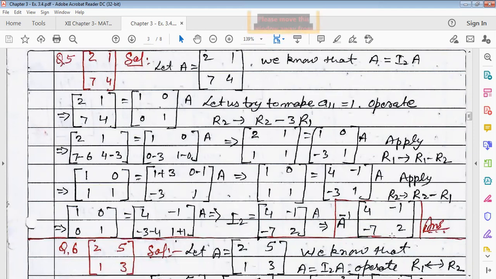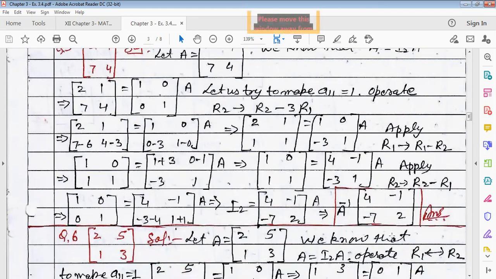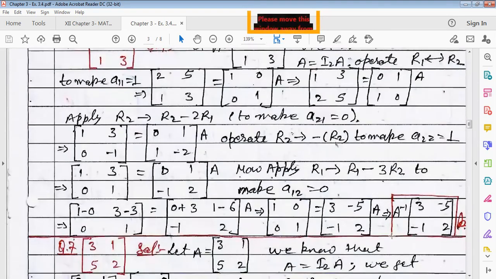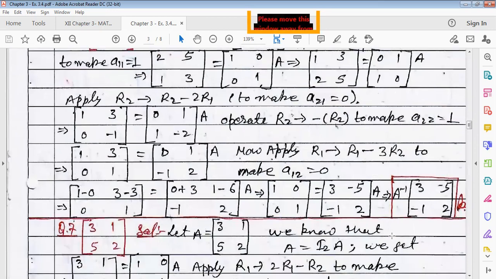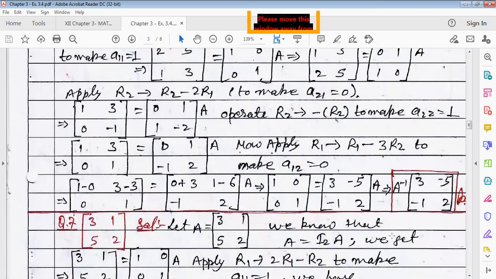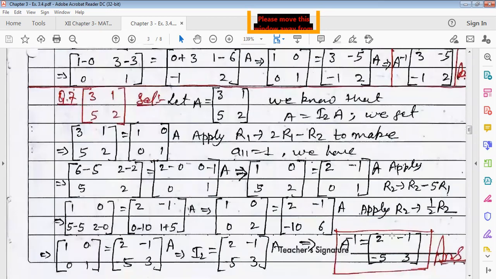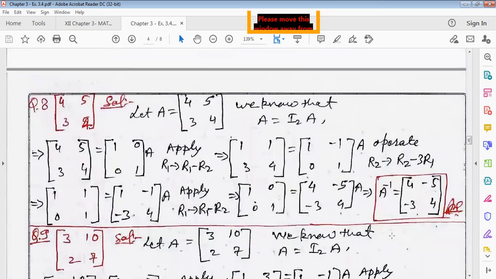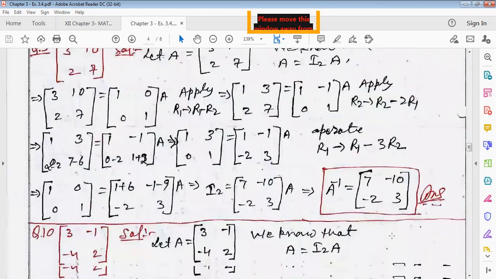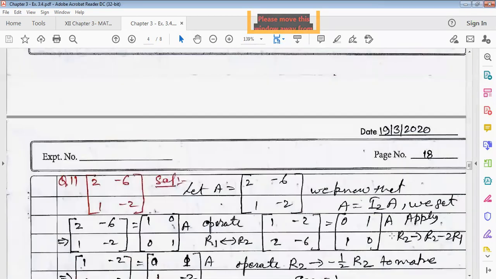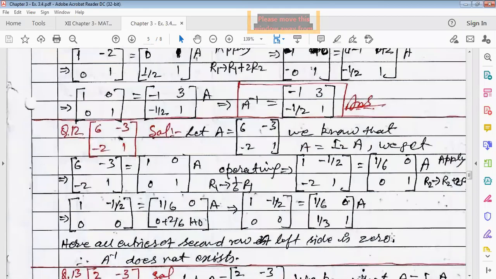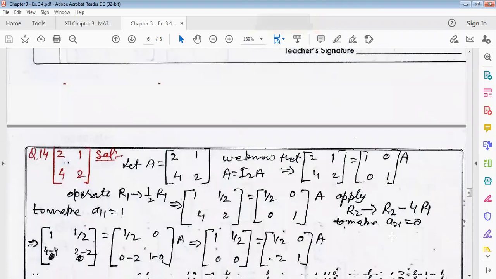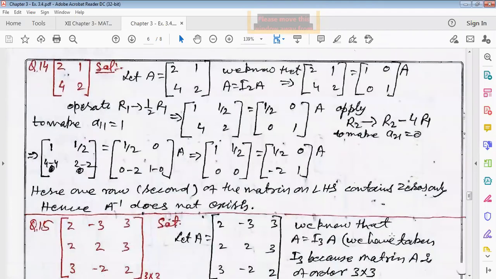Go through this PDF solution and complete your homework in your mathematics notebook. There are questions number 7, 8, 9, 10, 11, 12, 13 and 14.